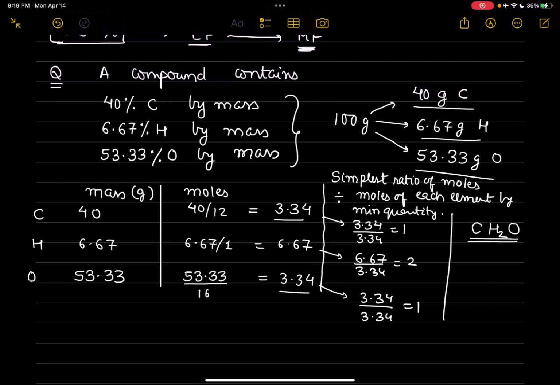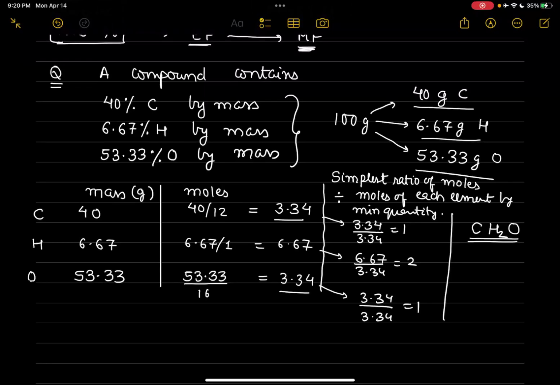So you will be provided with the mass percentage of the elements. Take them as the mass, divide by the atomic mass of the elements. Then take the simplest molar ratio by dividing each mole value with the minimum number of moles.